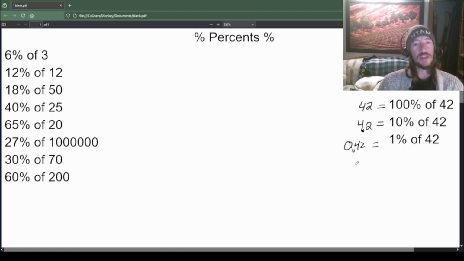What does it mean to move something over 2 places? Well, when we move it over 1 place, we divide by 10. When we move it over 2 places, we divide by 100. And that's what percent means. And the clue is in the word itself. Per is a mathematical word that almost always means division. Think of miles per hour.